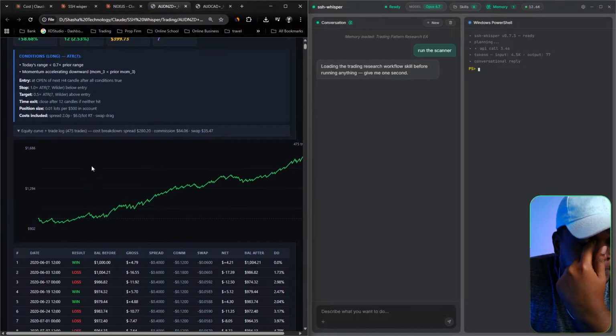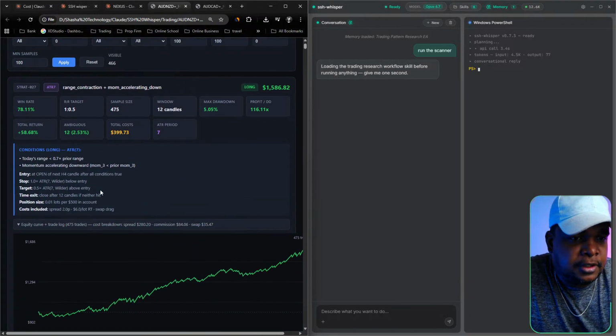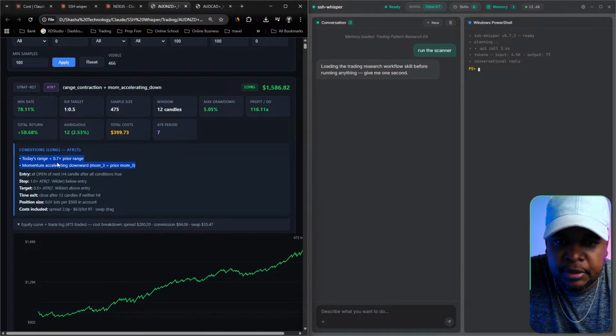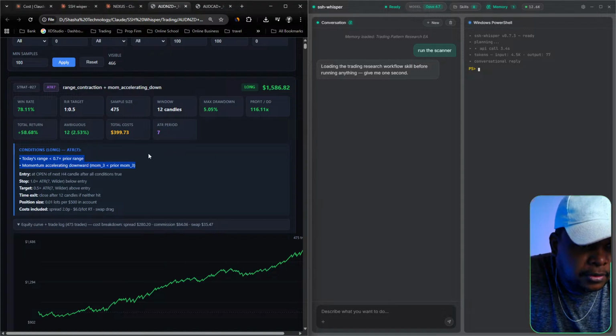Once it goes through and does the exploration, it would come back and give the strategy here. But we are trying to clean up this section here and make it a bit more descriptive, so SSH Whisper doesn't have to guess when building the algo itself.